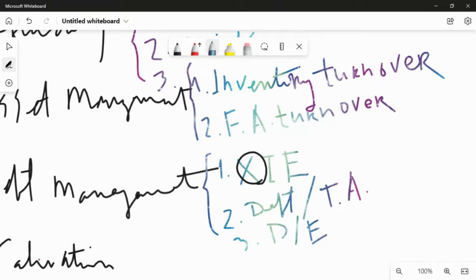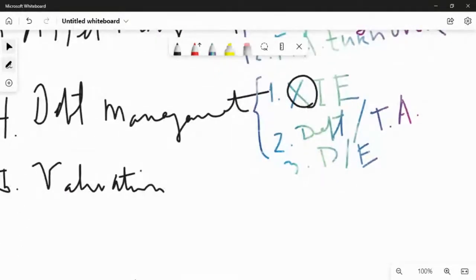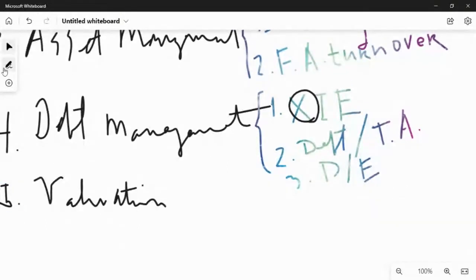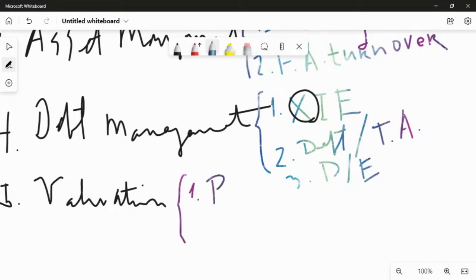Now, in the last category, which is stock valuation ratios, there are several, but we will look mainly at price earnings ratio and market price to book value ratio, right?